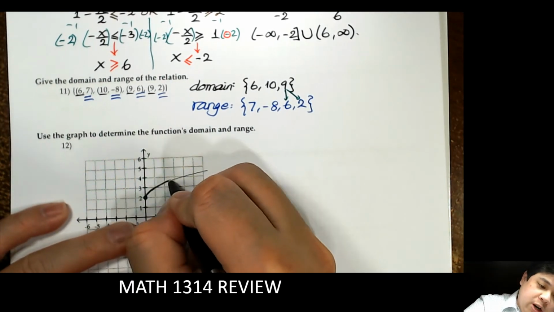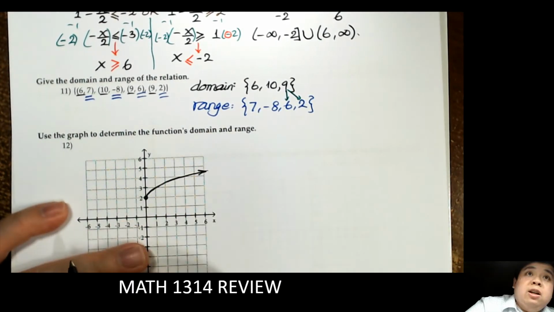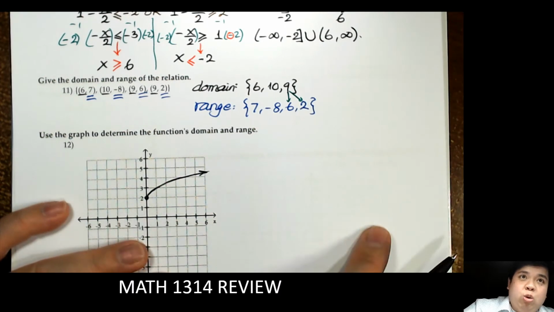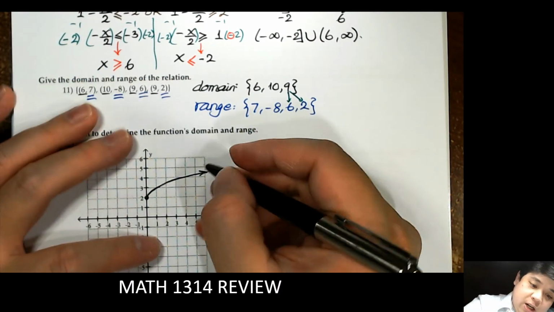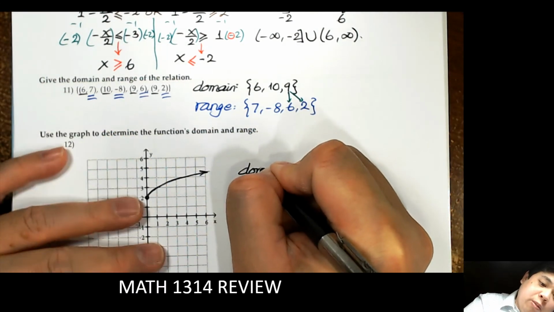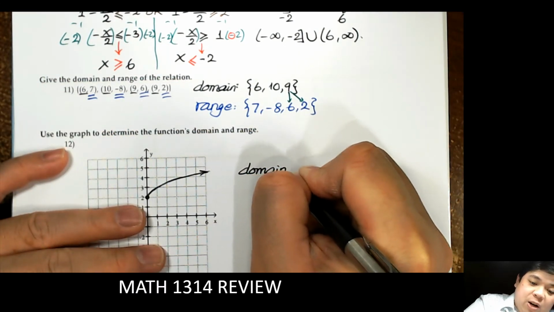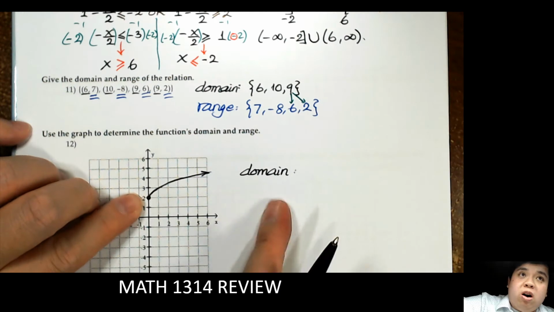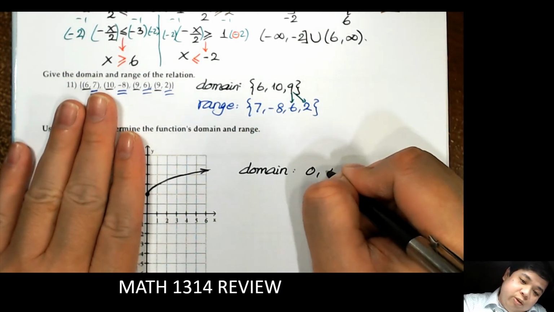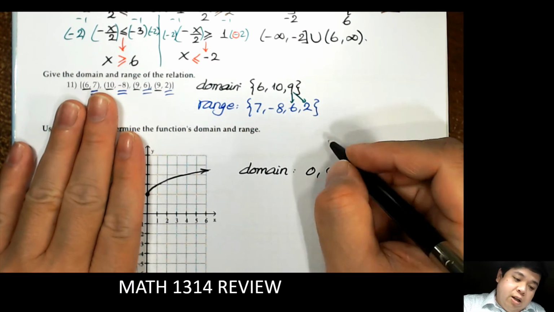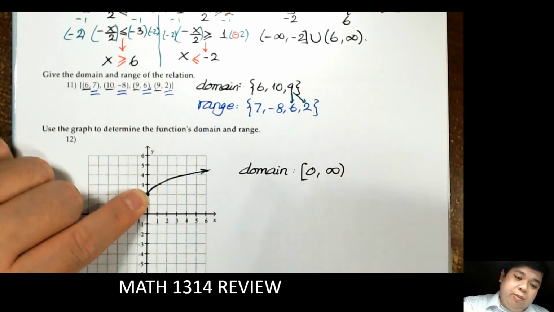So the function goes like this. Pretty much it will go as far as we want on the right and as far up as we would like. So the domain by default will be all the x values. We go from this point on, meaning from 0 on to infinity, including the point.